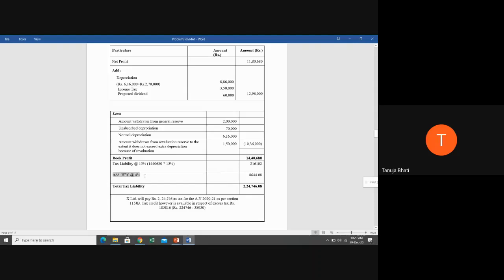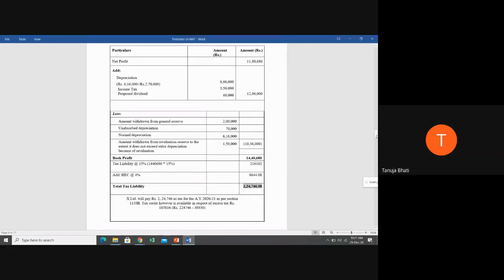You're going to add health and education cess at the rate of 4% on 2,16,102. You get 8,644. So the total tax liability will be 15% of book profit plus the health and education cess, which becomes 2,24,746.